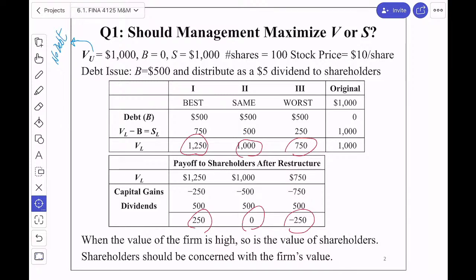Okay, you want me to do this again? That's the main conclusion. I don't know which of these is going to happen, but shareholders do care about the firm value, and they are interested in increasing value, to increase shareholder wealth or payout. They want to increase the value of the firm, so they are concerned with capital structure.